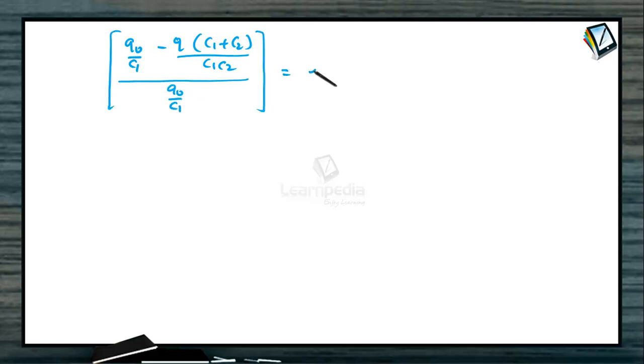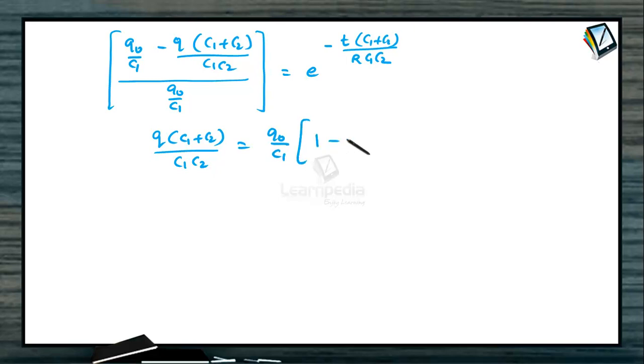Let us simplify this. We get [Q naught by C1 minus Q times (C1 plus C2) divided by C1 C2] whole divided by, after substituting the limit, Q naught by C1 is equal to e to the power minus T (C1 plus C2) divided by R C1 C2, which on simplification we get Q (C1 plus C2) divided by C1 C2 is equal to Q naught by C1 times (1 minus e to the power minus T (C1 plus C2) divided by R C1 C2).